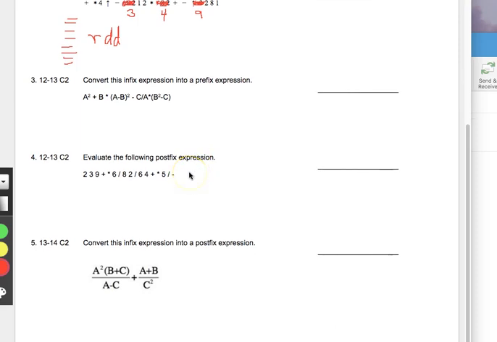Let's start it out. Now number 4, we have to evaluate postfix. So I'm looking for a starting spot. I'm looking for that first handhold on the rock climbing wall. And I'm looking for a handhold of operand, operand, operator. Like 2 numbers followed by a plus sign or some symbol.